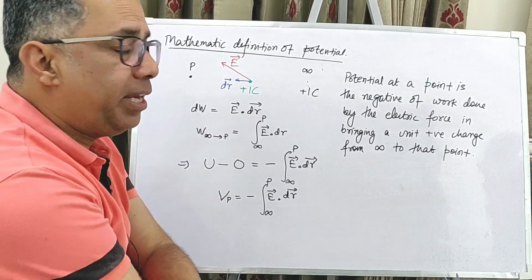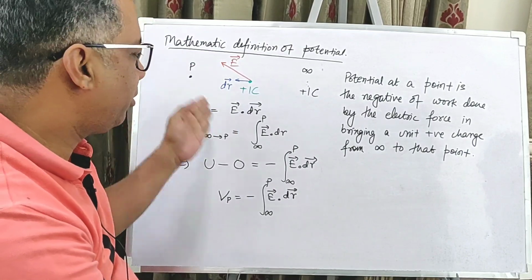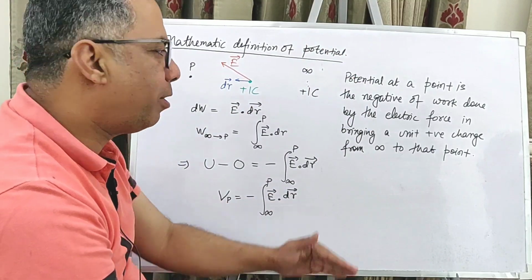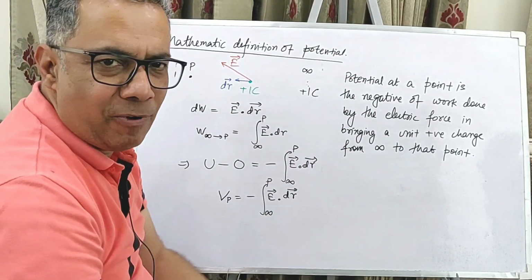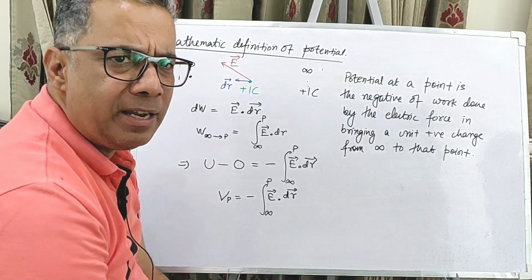Now, you can actually derive the formula for potential at a point due to a point charge using this description, and I'm sure you'll be able to replicate the value that we have already been using for a point charge, but then I leave that for you.